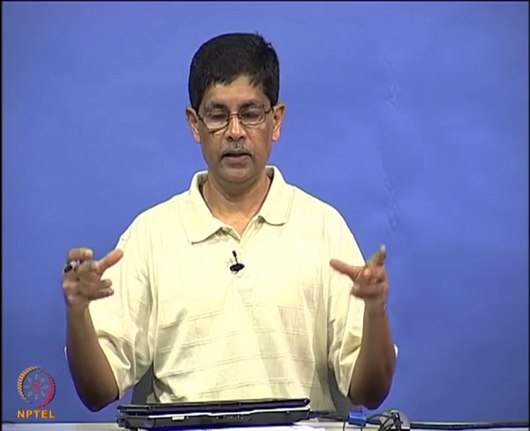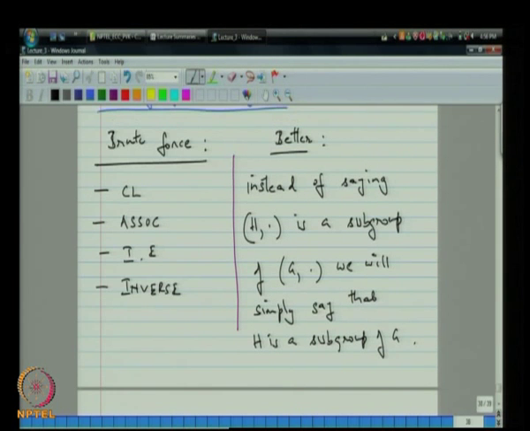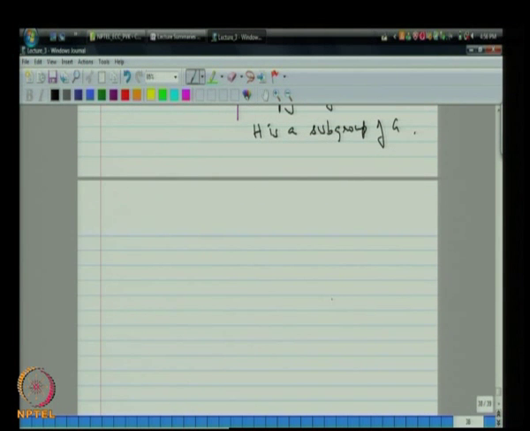Strictly speaking, when you talk about a subgroup, there is a group, a set, and an operation, and you look at a subset of the universal set with the same operation and try to show that it is a group. So strictly speaking, one should talk about H dot as a subgroup of G dot, but that is too cumbersome. So, we will just simply say that H is a subgroup of G. So, here is a lemma.